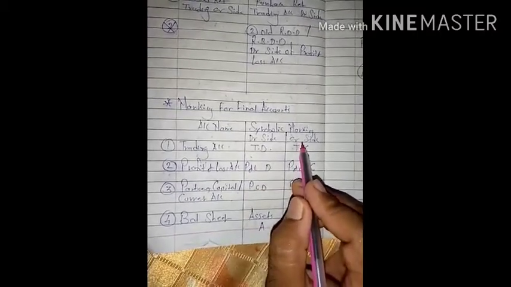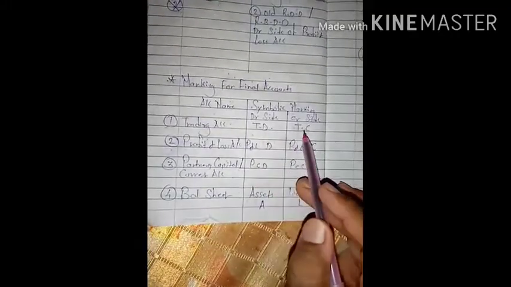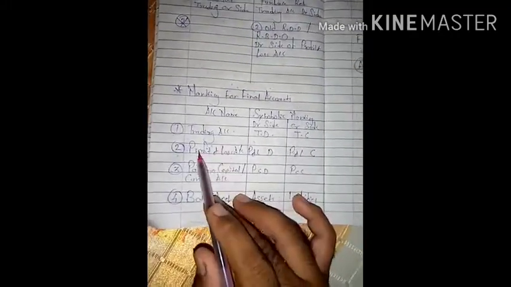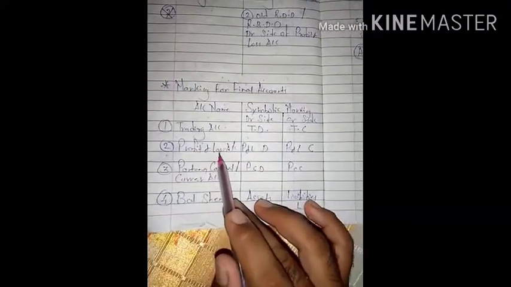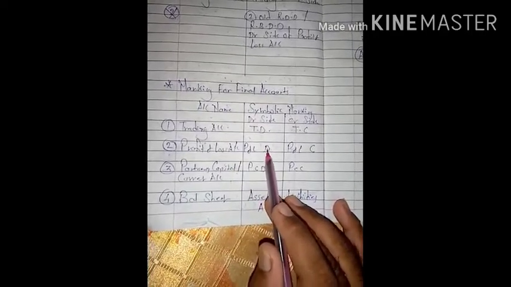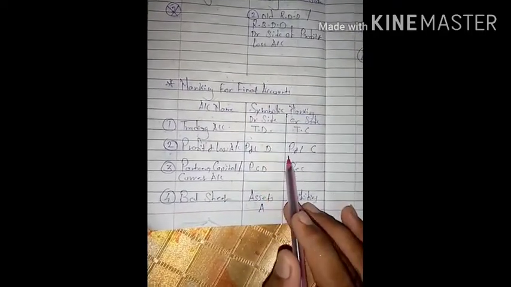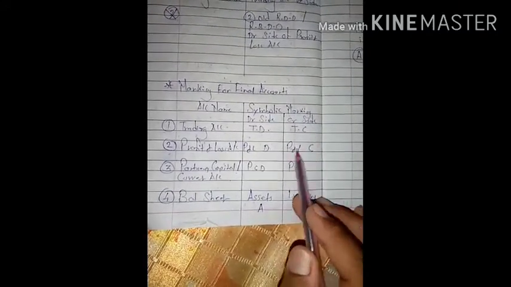If it is on the credit side, I will write TC. I am going to make another video for it, but for now just listen and find it. For the profit and loss account, D reflects the debit side always, and P and L C reflects the credit side.